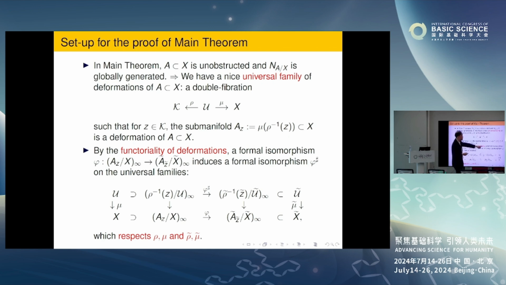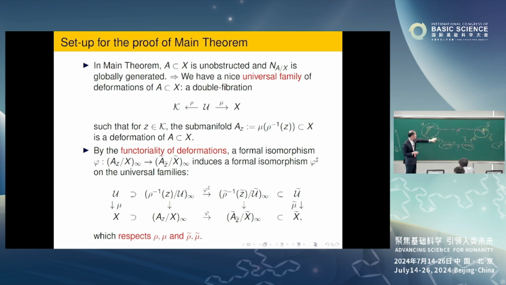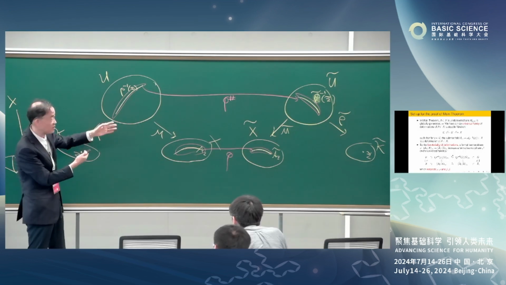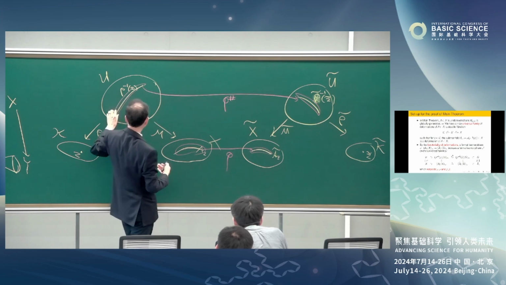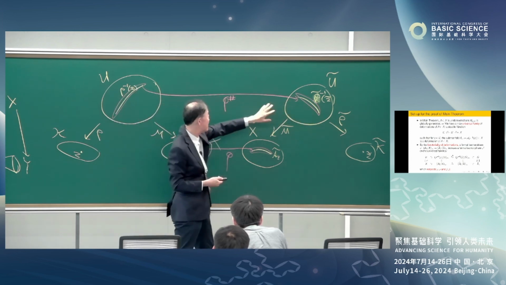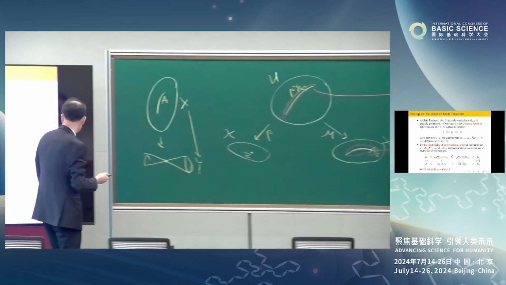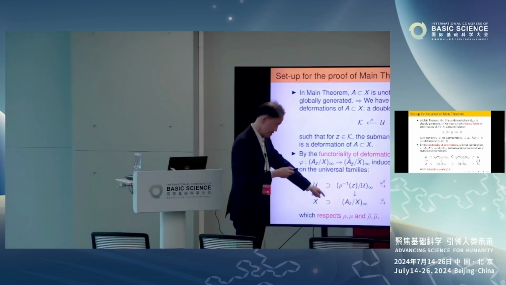And this formal isomorphism respects this double fibration. So it's not just an arbitrary formal isomorphism of the formal neighborhood, but they respect these two maps. That is the important property.